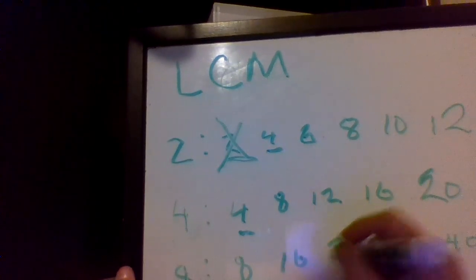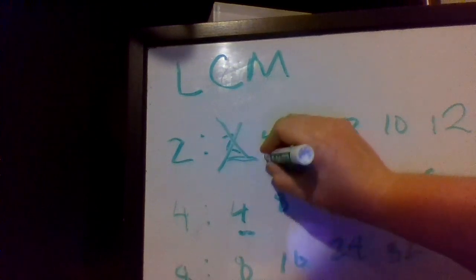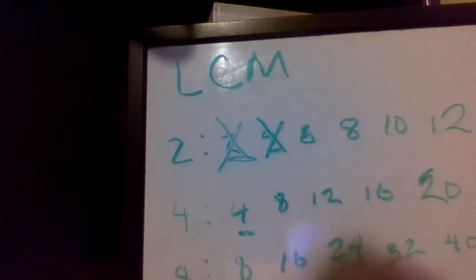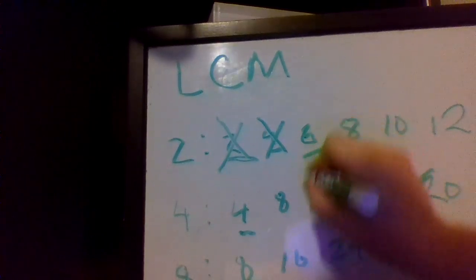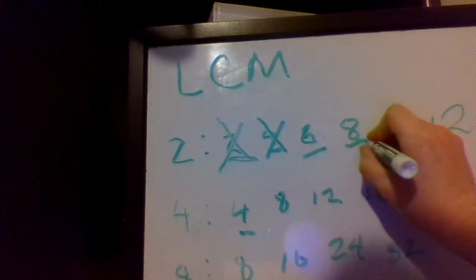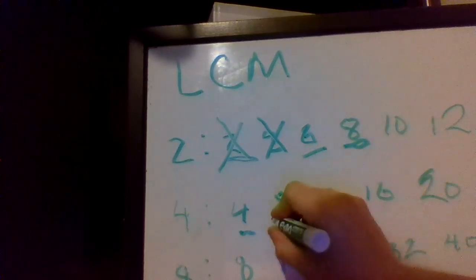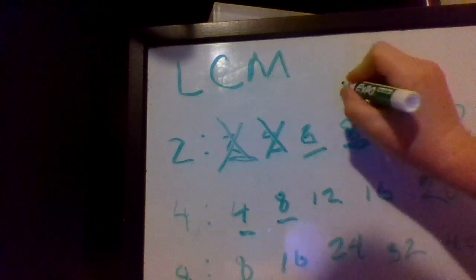So that's not a common multiple of all three. So we're going to mark 4 out. Now we have a 6, and that's not in either of these two. And we have an 8. And we have an 8 here, and we have an 8 here. So we're going to leave that in.